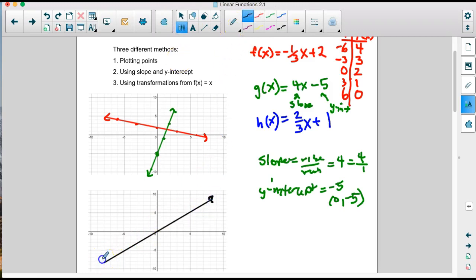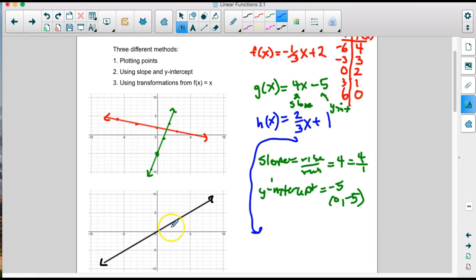You can see that it goes through 0, 0, 5, 5, -5, -5. So they're the same values. Okay, so what we're going to do is use a transformation. So in h of x, this transformation is a compression of 2/3. So instead of going over 1 up 1, it would go over 3 up 2.